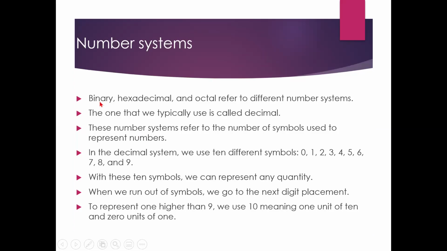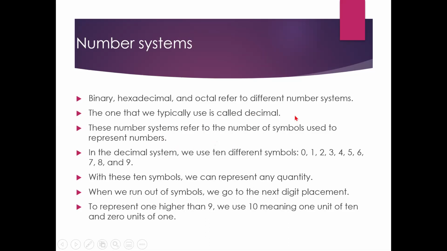As I mentioned, binary, hexadecimal, and octal refer to different types of number systems. The one that we conventionally or typically use is called the decimal number system. Why is it called the decimal number system? There are 10 different symbols we use for representing different quantities.